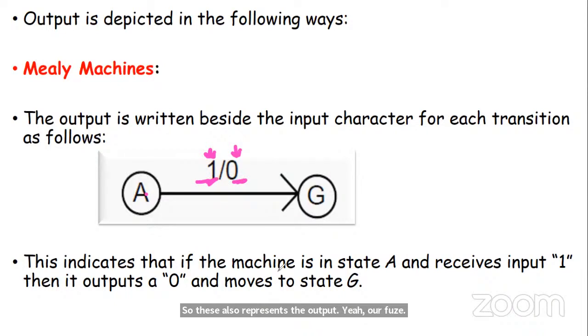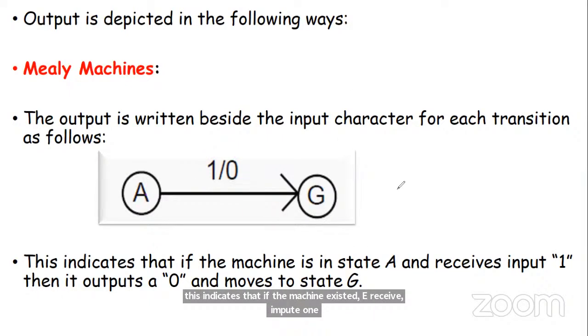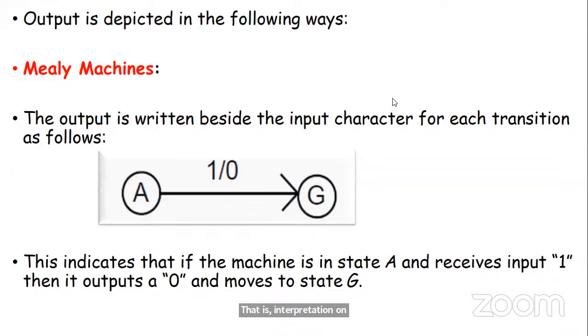This indicates that if the machine is at state A and receives input 1, then the output is 0 and it moves to G. That's the interpretation of the output of a Mealy machine.